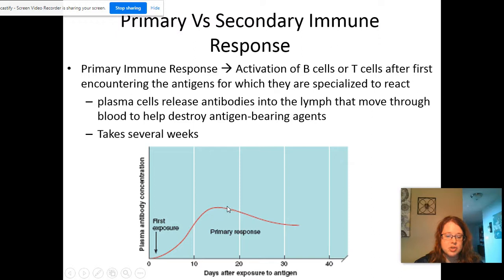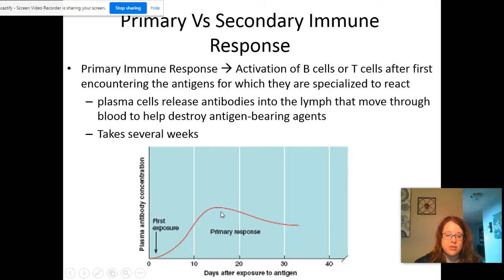And then as you start to fight it off, we're at like day 15 here, then that starts to slow down, but it stays high because you now have produced these antibodies, but you are able to fight it off. So it takes about 15 days to really get the immunity that you need to fight off whatever that foreign invader is.